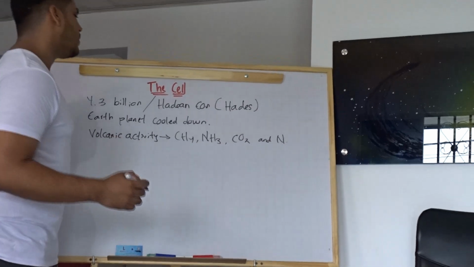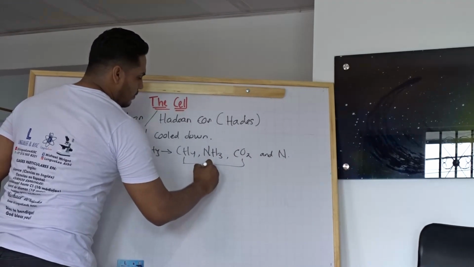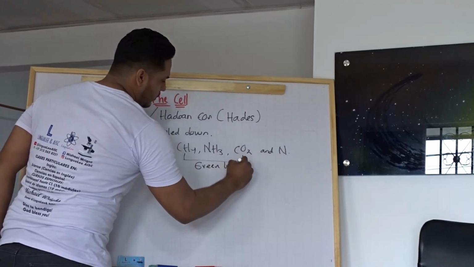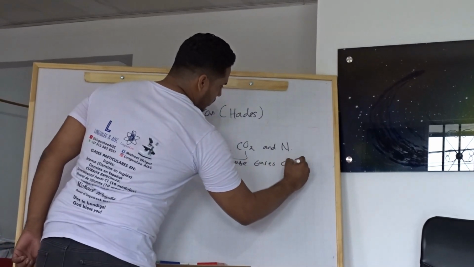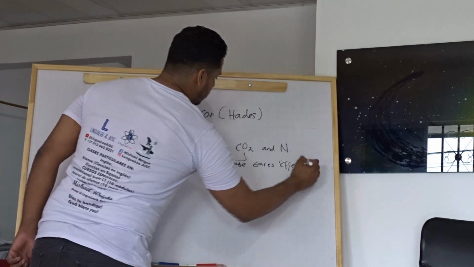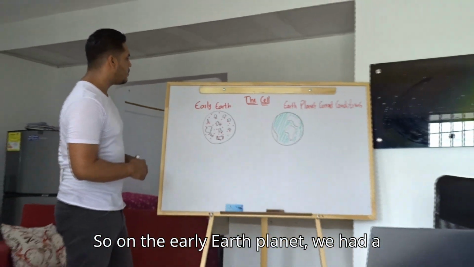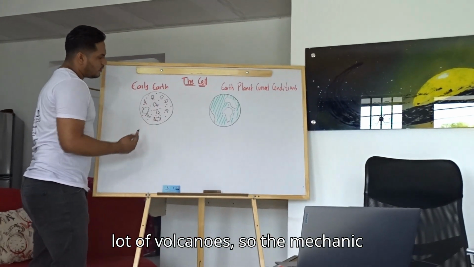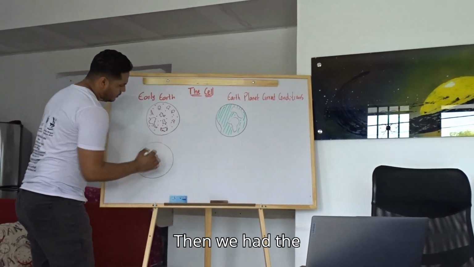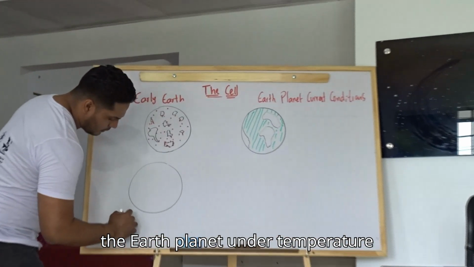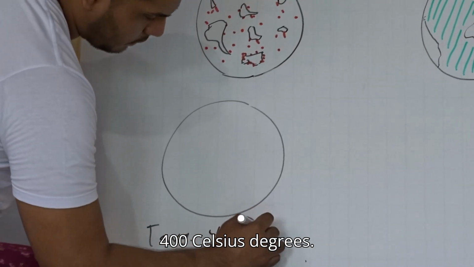It's really important to comprehend that two of these, methane and carbon dioxide, are the famous greenhouse gases, related to the greenhouse effect. On the early Earth, the volcanic activity was tremendously high, and the planet had an average temperature of 400 Celsius degrees.